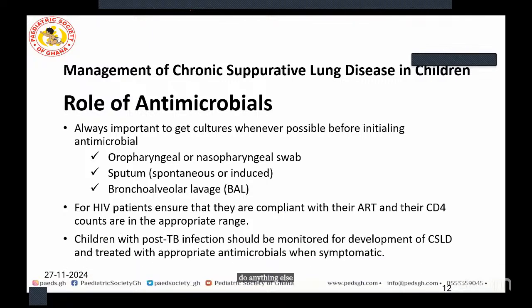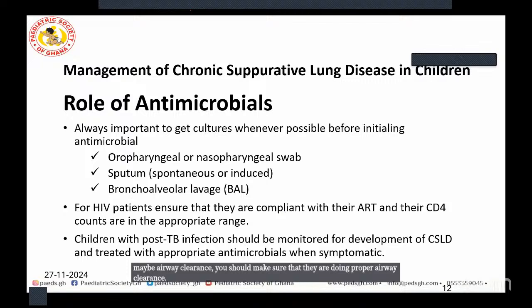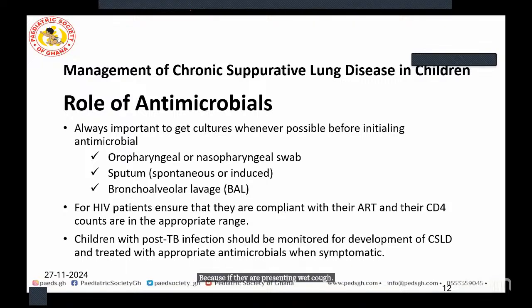The same with TB. In post-TB children, you should make sure that they are doing proper airway clearance, because if they are presenting with wet cough, it doesn't mean that their TB wasn't treated. It's just an after complication of the TB.